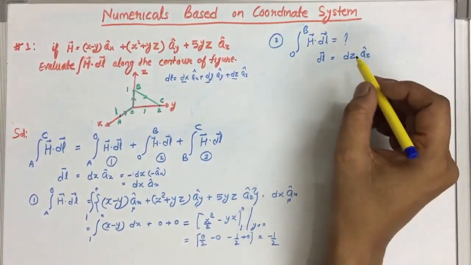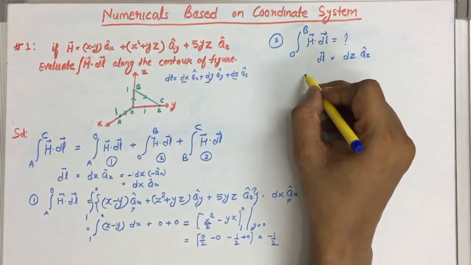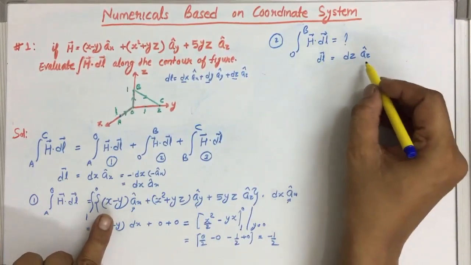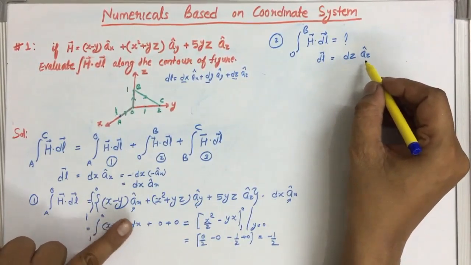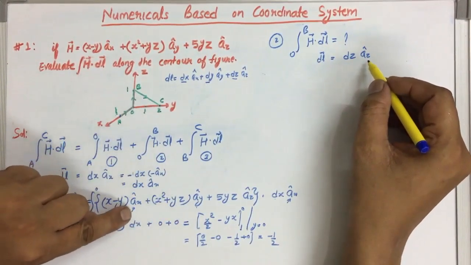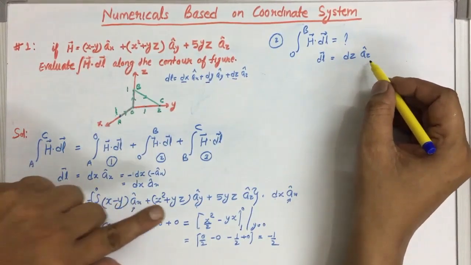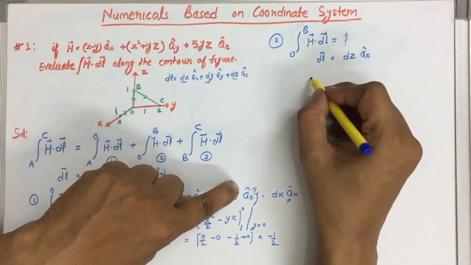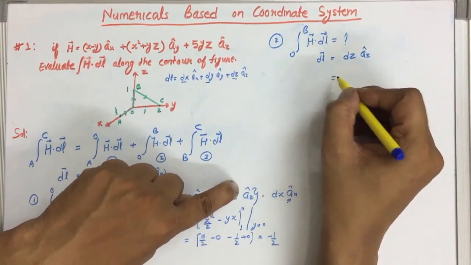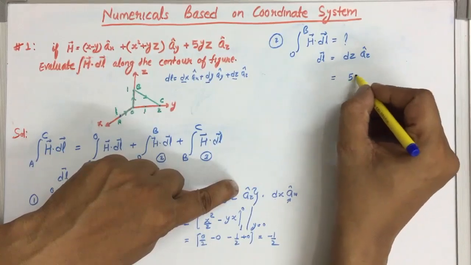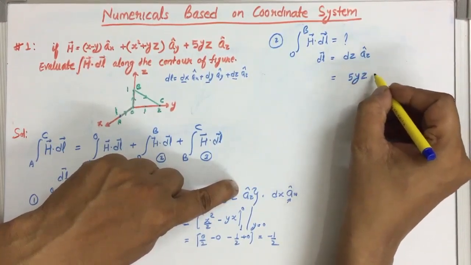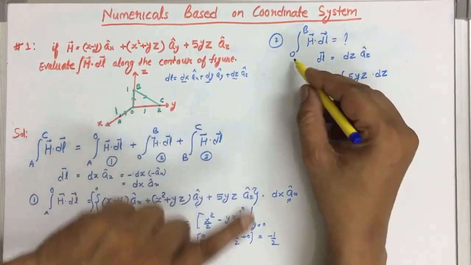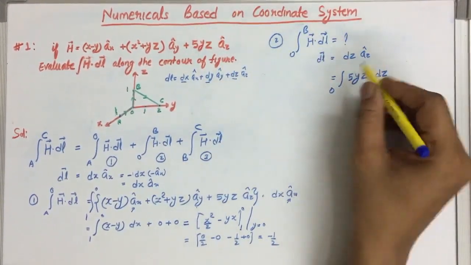Now do it. From H and az, the dot product of ax and az will be 0, and ay and az will be 0. Only this component will remain, so it will be 5yz into dz from 0 to B, which is 1.